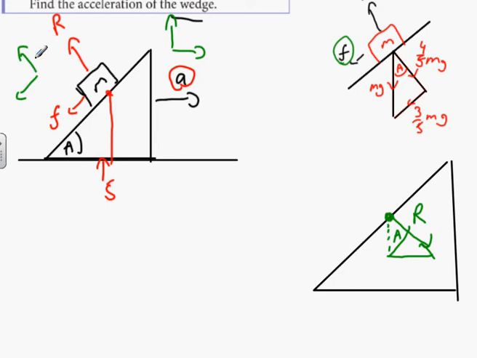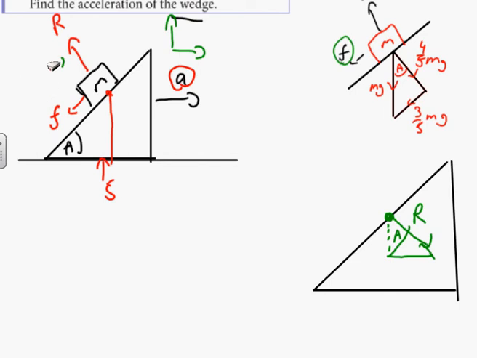Okay, that's how you know which way to resolve the forces. It's all to do with the arrow, it's all to do with the direction of the acceleration. So from the wedge's point of view, I have to have everything going up or to the right and left. From the particle's point of view, it's got to be going along this slant here, or up and down along this direction, okay? So that's how you know which one to do in which directions.